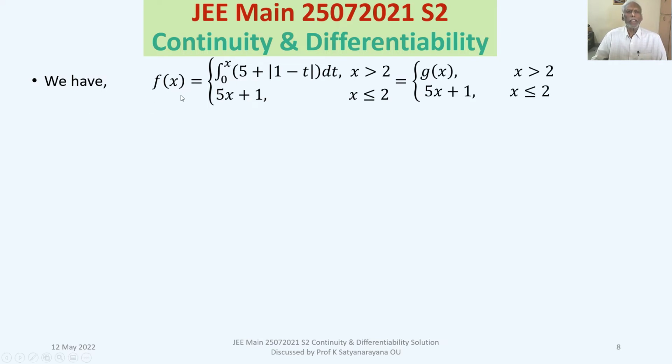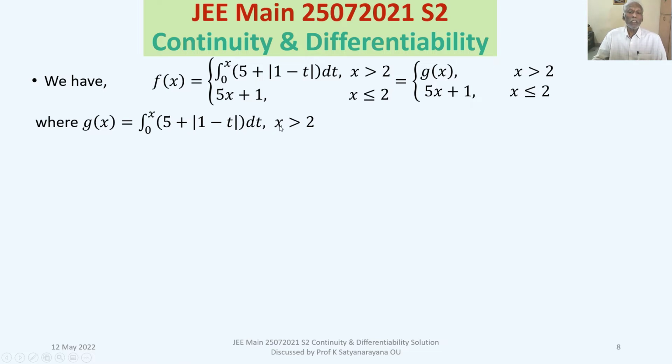Let us take the given function. F of x is equal to, when x is greater than 2, the integral from 0 to x of 5 plus mod of 1 minus t dt, and that we represent as g of x. So, g of x is equal to the integral from 0 to x of 5 plus mod of 1 minus t dt.